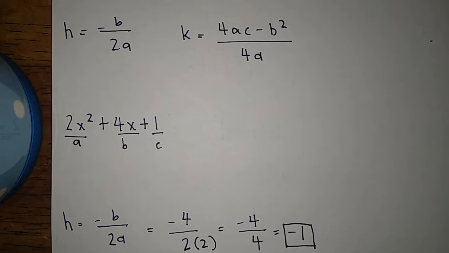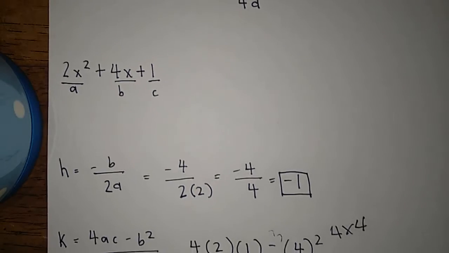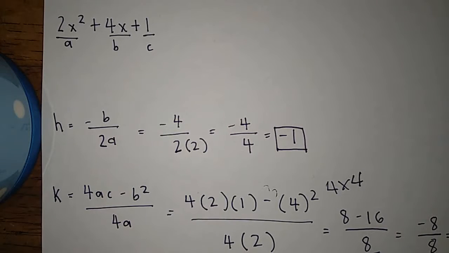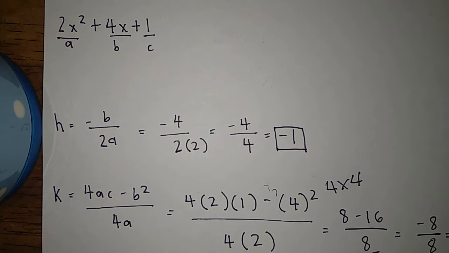Next is to try and find the value of our k, which has the formula of 4ac minus b squared over 4a. Now, once again, substitute all the values of the variables.